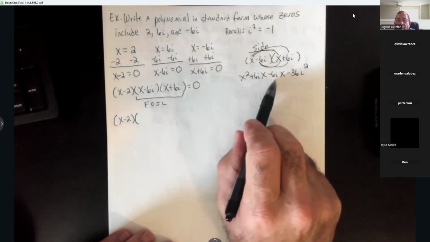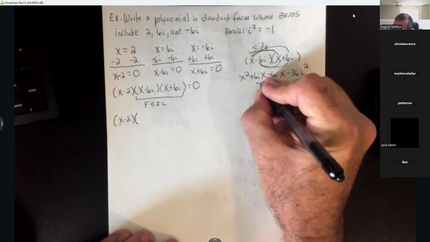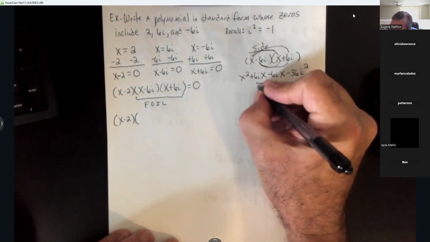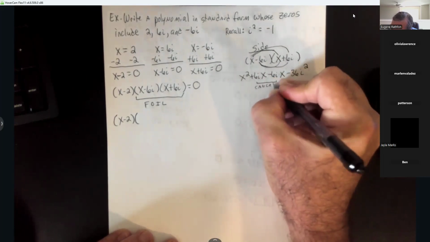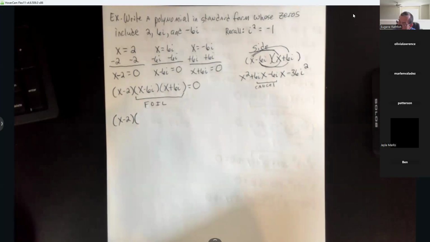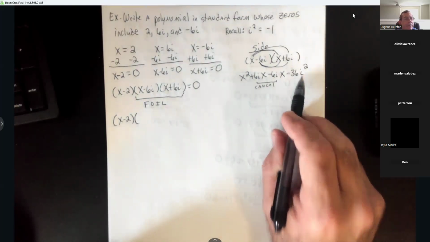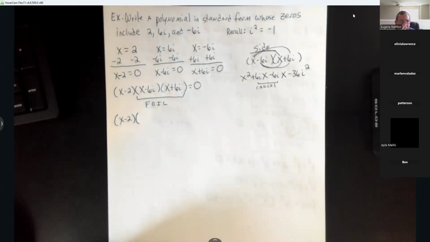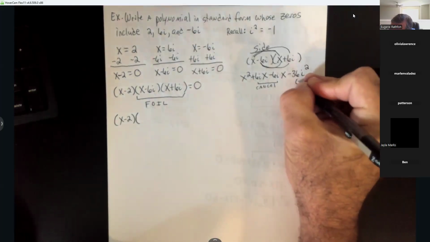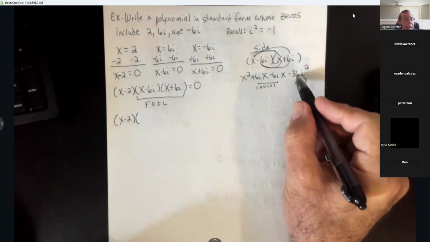So what happens to this? You have a 6ix and a negative 6ix in the middle. Those are going to cancel each other out, because positive 6i plus negative 6i equals 0. What did we say i squared equaled? It equals -1.